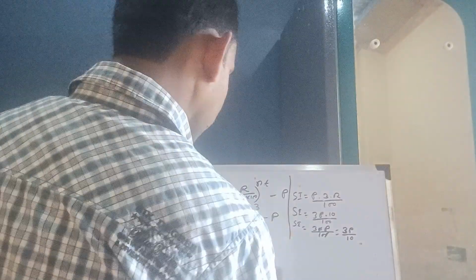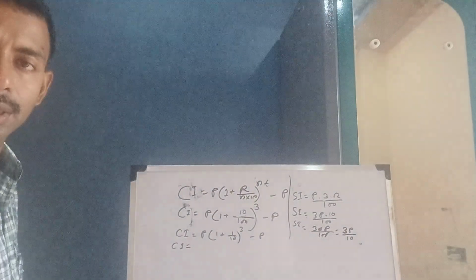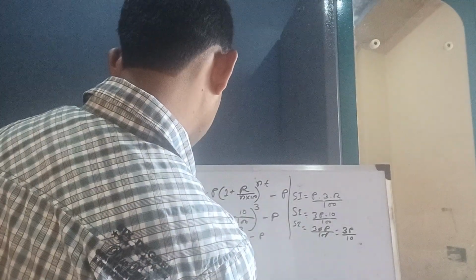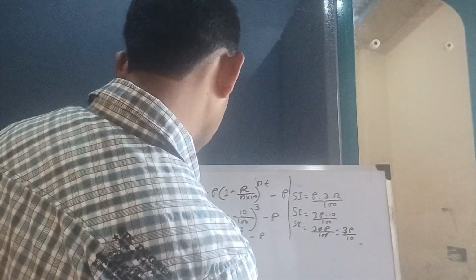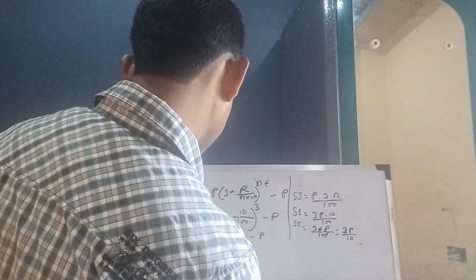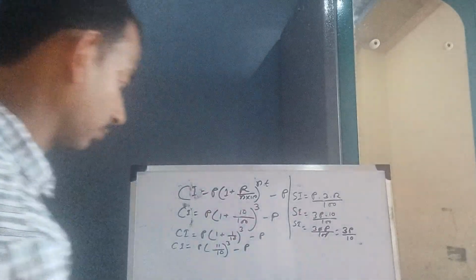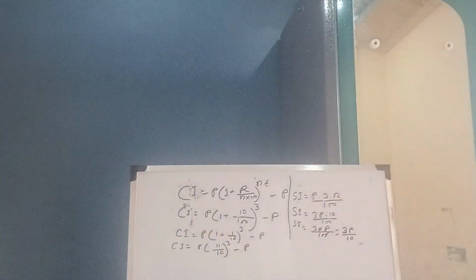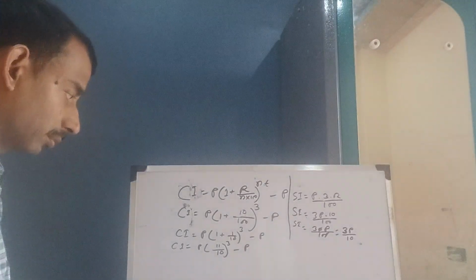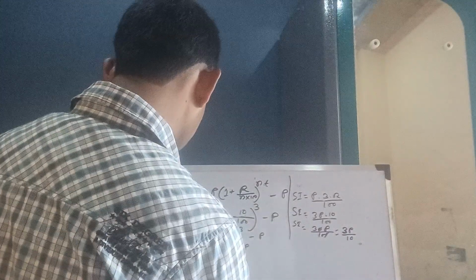Okay. Then this becomes CI equals P into (11 by 10) cube minus P. So take P common.